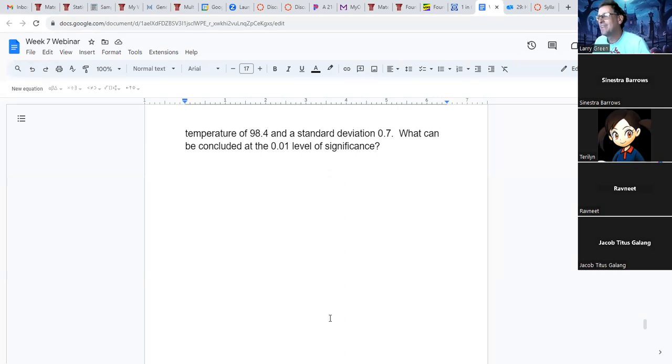What's the other one? Yeah, your spelling was interesting. Confidence interval. Yeah, confidence interval. Yeah, hypothesis testing and confidence interval are going to be the 2 things that you're going to focus on.